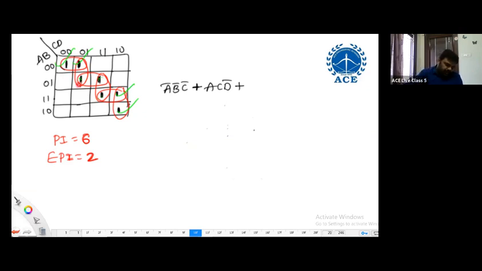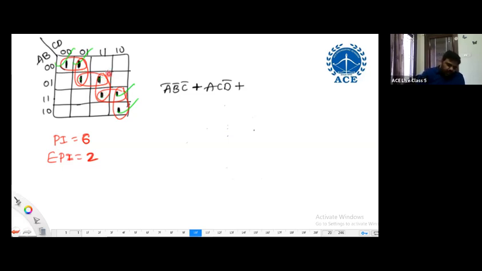This one is what? A bar, C bar, D. Then this one is what? B, C, D. Right. Choosing this plus this, will it be giving wrong? Same complexity is right. Covering is completed.